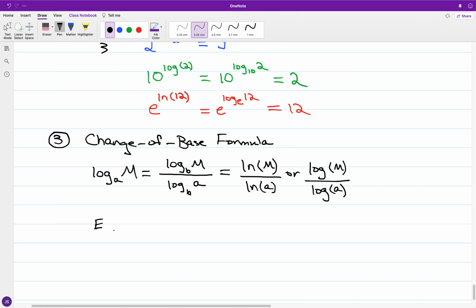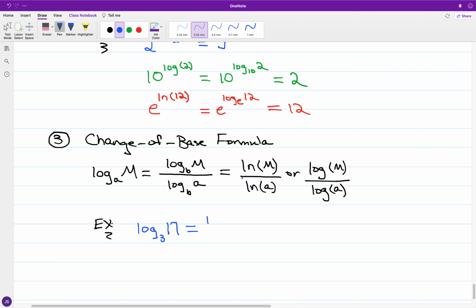As an example, let's say the base 3 logarithm of 17. Chances are you're not going to have a base 3 logarithm, but you can still use ln or log to determine about what this number translates to.